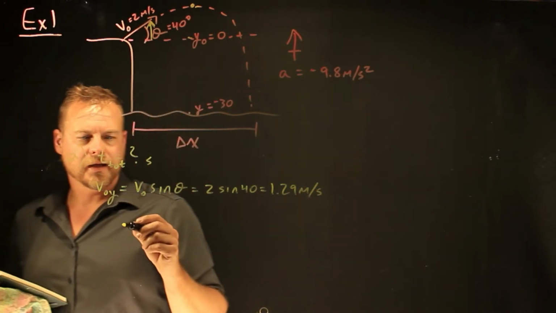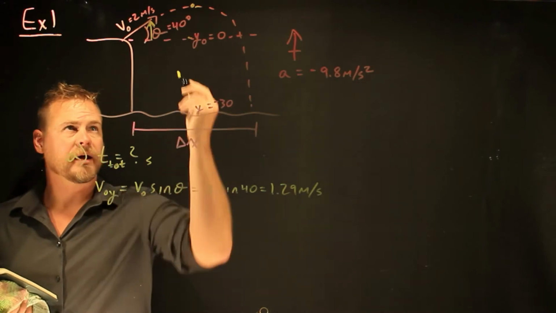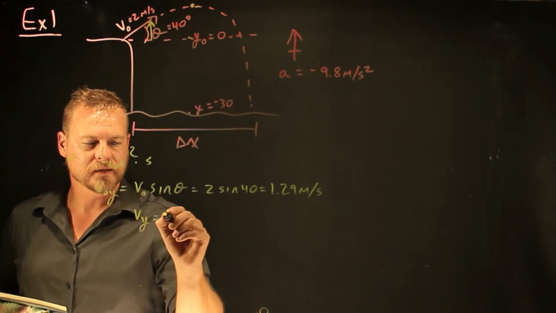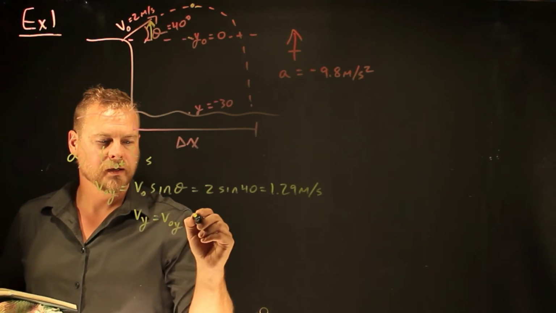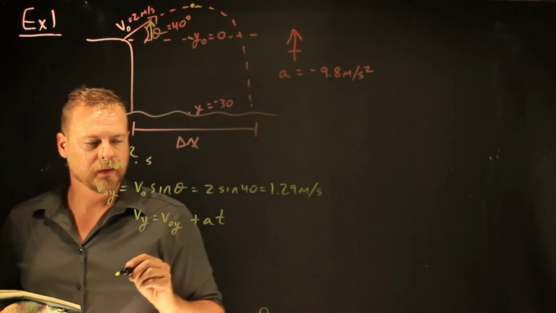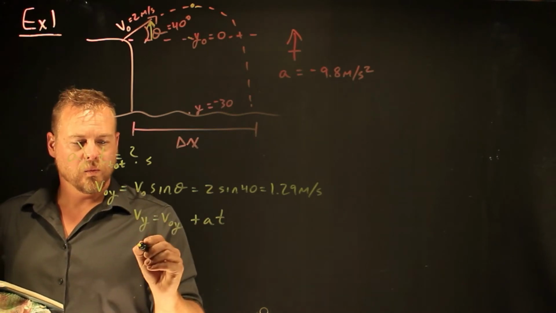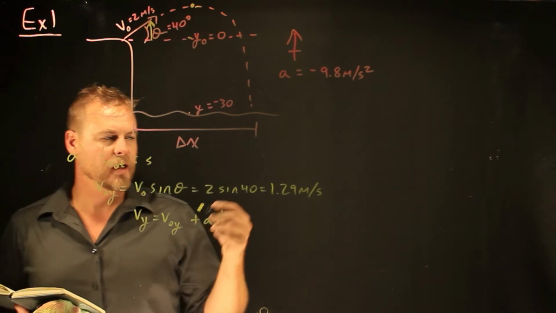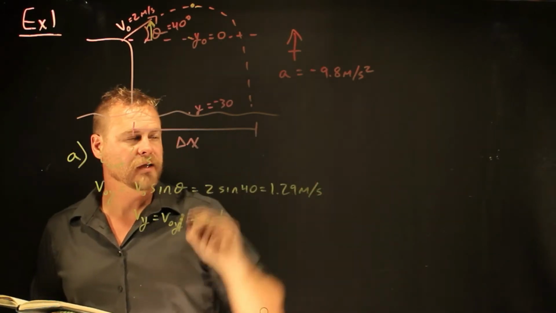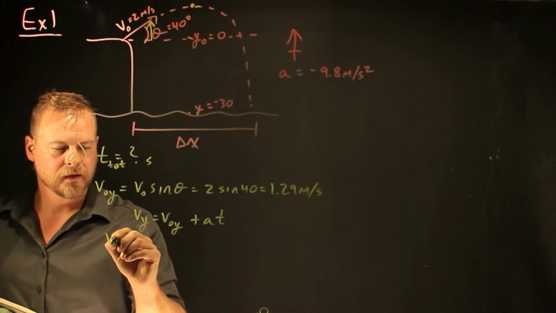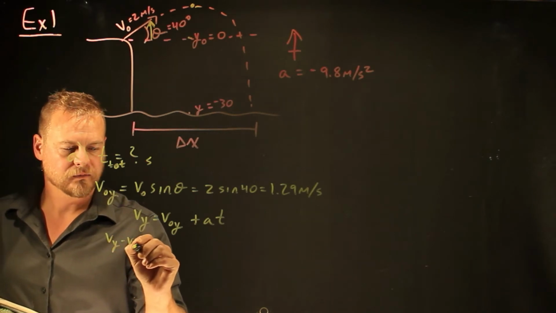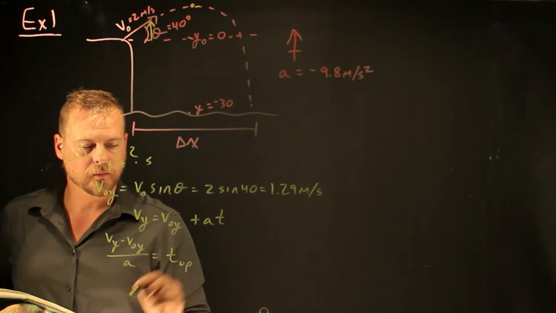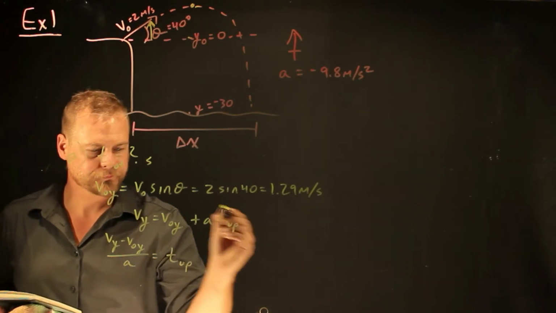Now if I say that the final velocity is 0, I can find the v y is equal to v naught y plus at. v y is 0, and v naught y was 1.29 meters per second that I just found, and then a is going to be negative 9.8, and so I have v y minus v naught y over a, which is equal to my t up, and you want to be careful about your labels here.